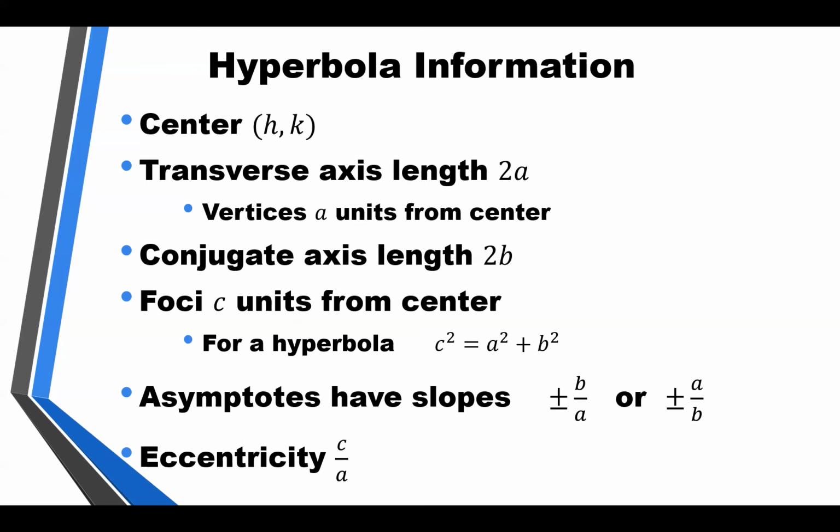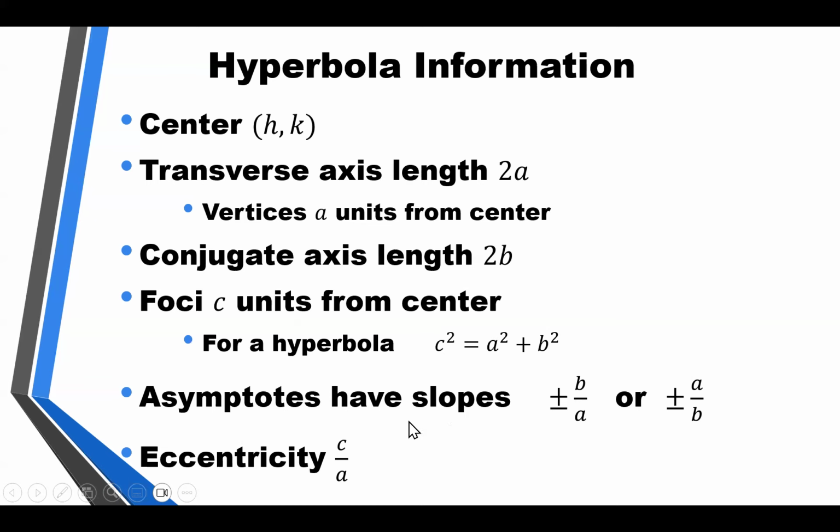So instead of doing a squared minus b squared like we did with an ellipse, c squared is going to be a squared plus b squared. I just want to point out that's going to make c be bigger than a. And so if we do the eccentricity the same way that we did before, c over a, which is exactly what we do, this number is going to be bigger than 1. So the eccentricity for a hyperbola is going to be bigger than 1.